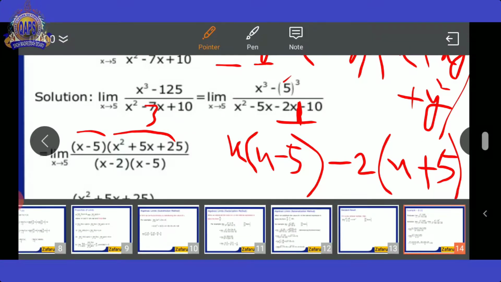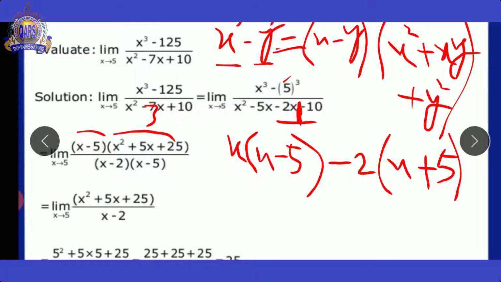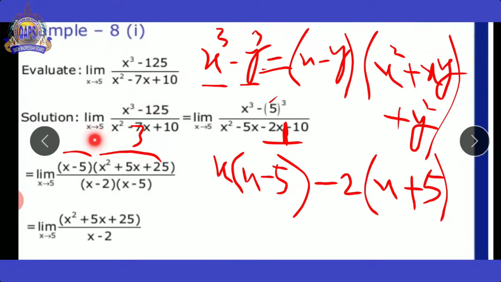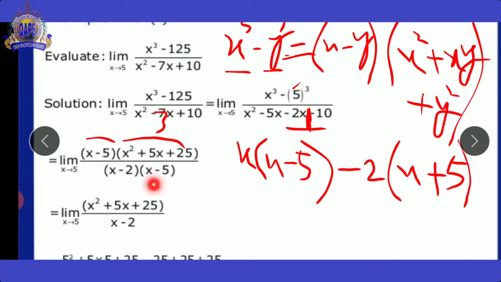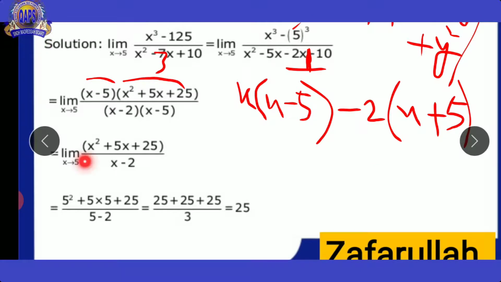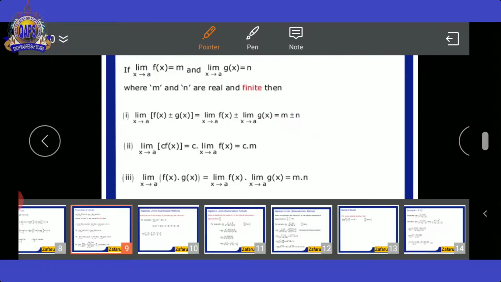Now here again, in this situation x minus 2 and x minus 5 are created, and x minus 5 and x minus 5 are cancelled. So x square plus 5x plus 25 is remaining here and x minus 2 is remaining here. When we apply 5 directly in the place of x, then 5 square, 5 multiply 5 and 25 will be the same.